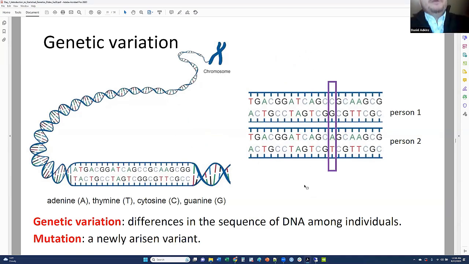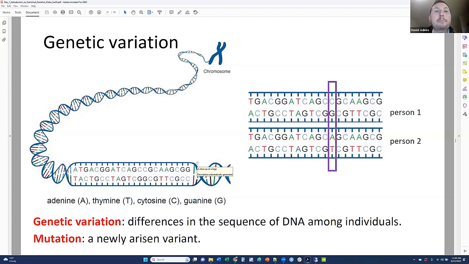Now, genetic variation. Previously I mentioned that we've got approximately 3.2 billion base pairs in the human genome, but most of that is not polymorphic. Most of that is monomorphic, right? It's the same across everyone. Actually, a very small proportion of our genomes vary across individuals, about 0.4% on average.